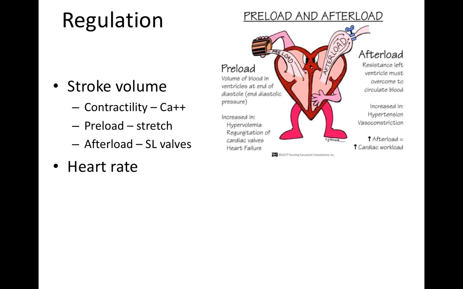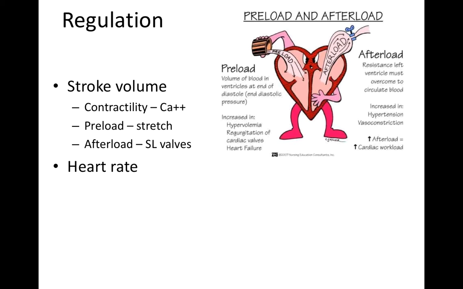Now, there's no way to just grab your heart and stretch it from the outside. You have to stretch it from the inside. That's why that atrial contraction is important, because it tops off the ventricles and allows you to get to a good high EDV, which allows preload to occur.